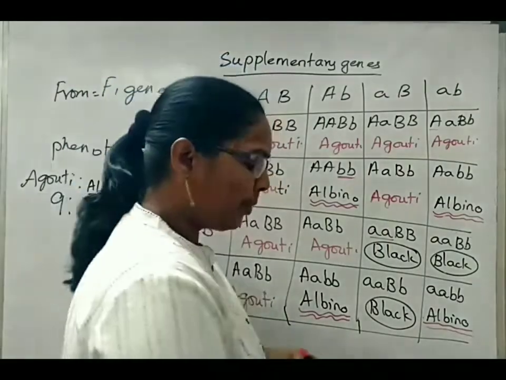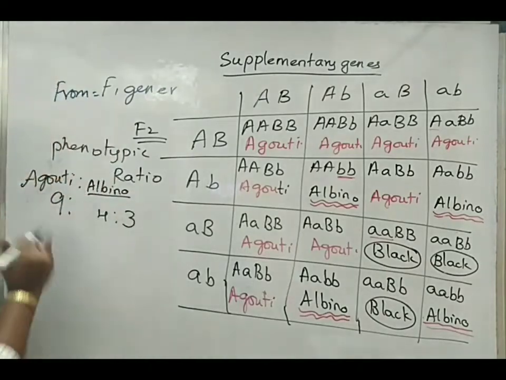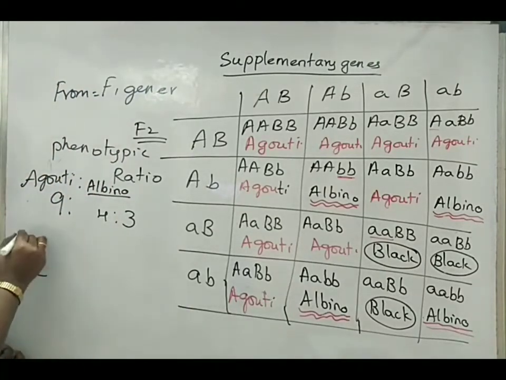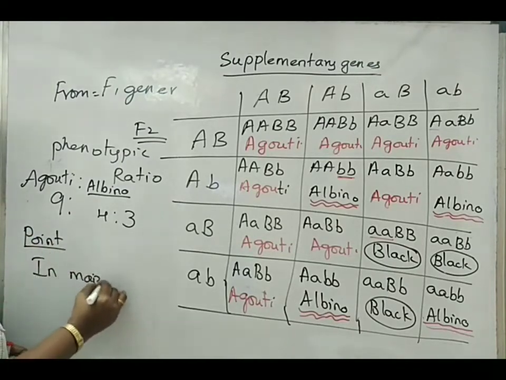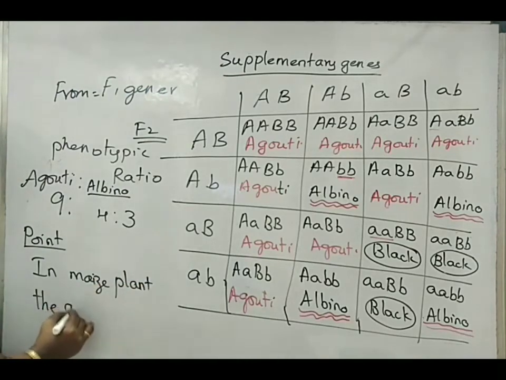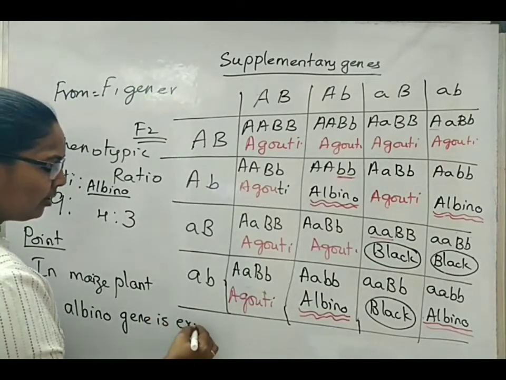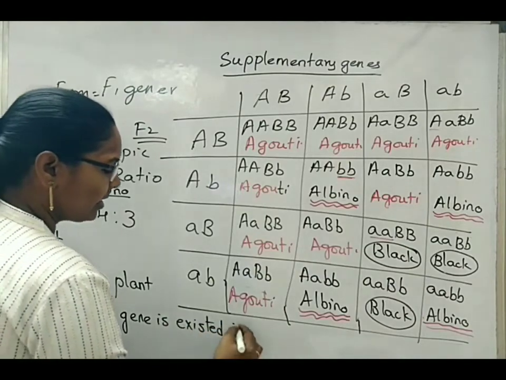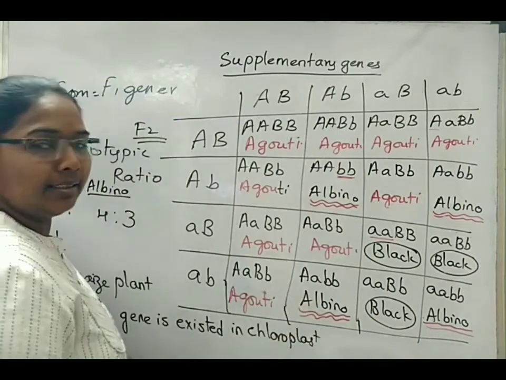Next, one important point that I have seen in one of the practice question banks. In case of maize, the albino gene, which is purely a recessive one, exists in chloroplast, and it is considered lethal.